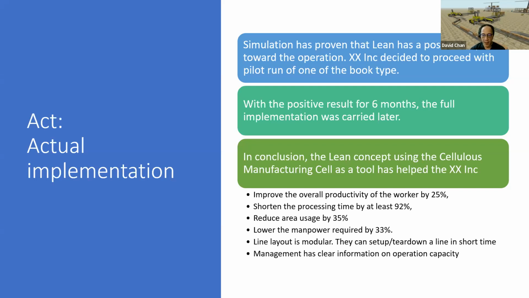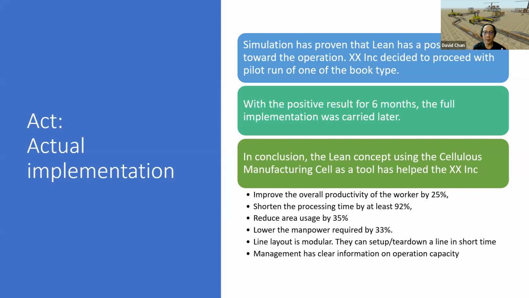We reduced area space and lowered the manpower requirement. Now the line is modular: they can set up and tear down easily, and increase or reduce capacity easily. Management now has very clear information on what the operation is about. They can do their planning and manage their operation. Previously, they did not know how to manage. Lean helped them achieve all this.